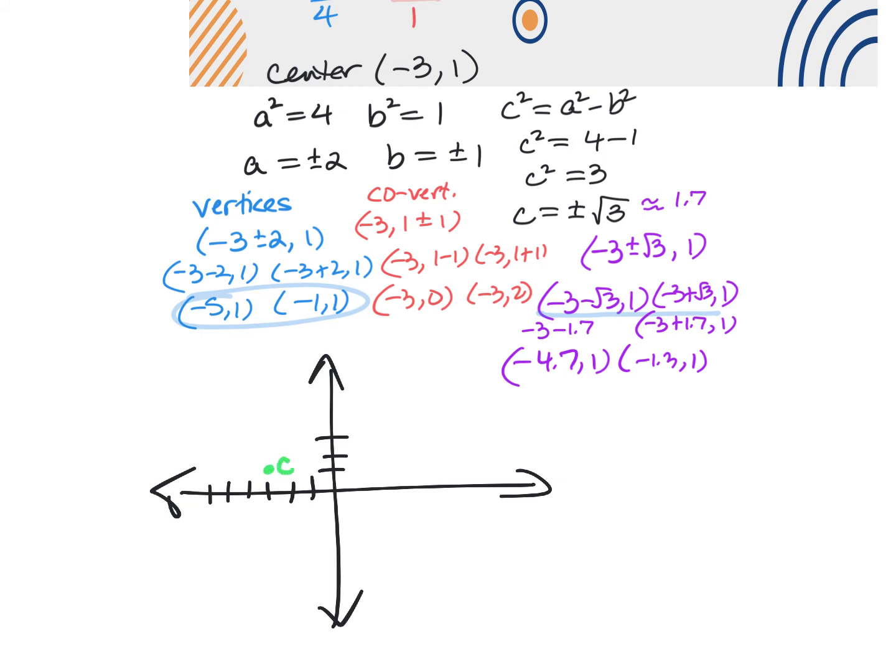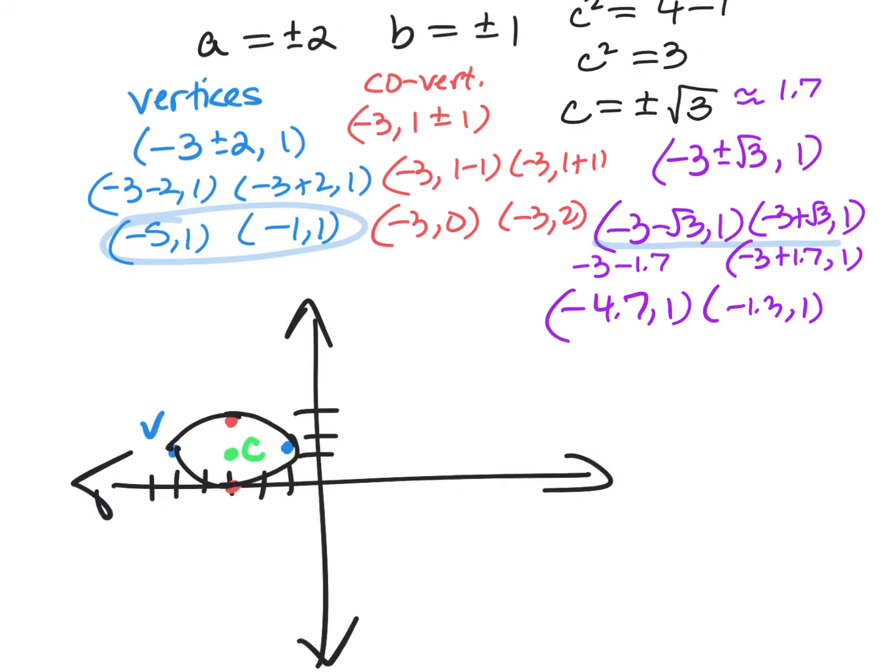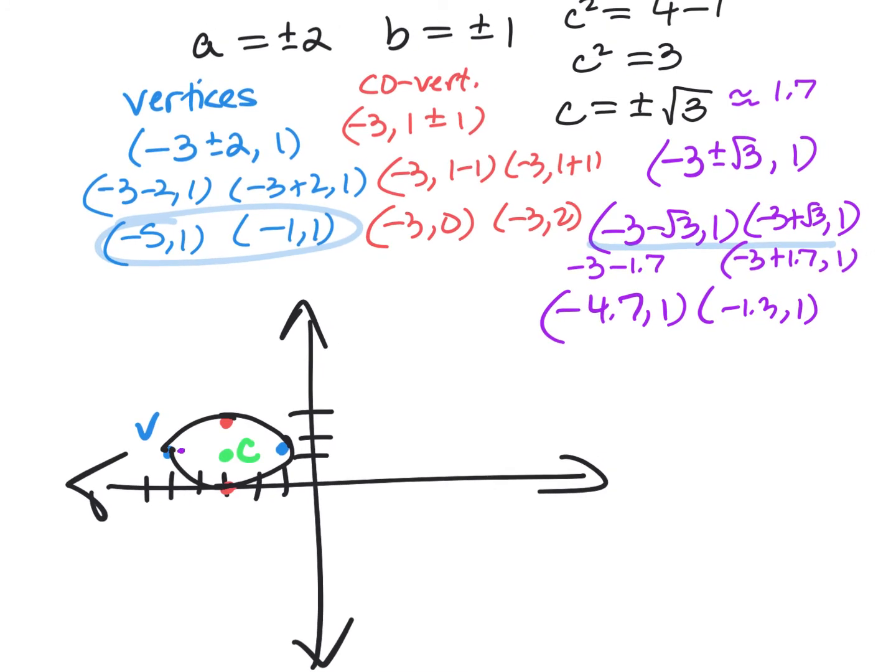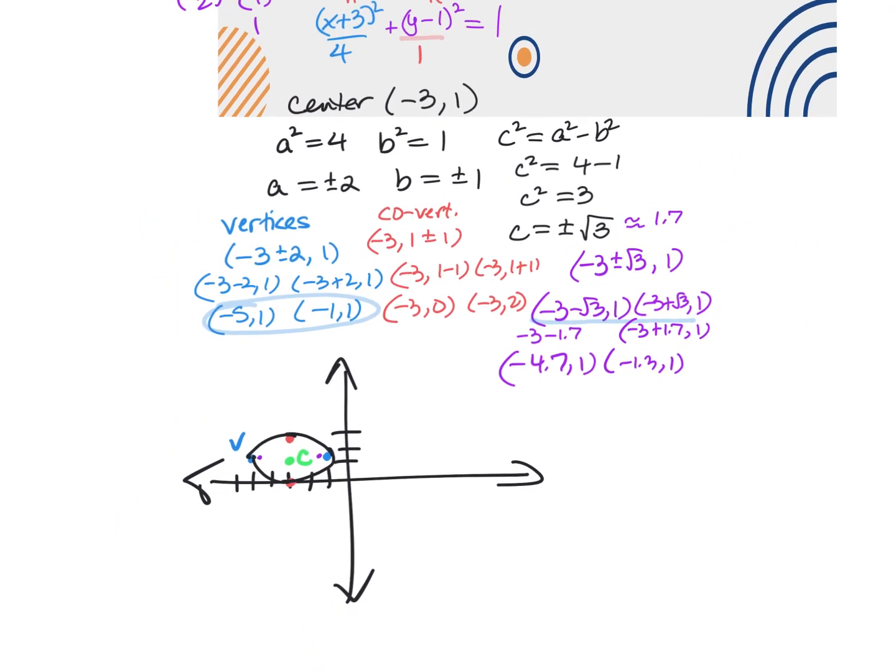I've got a vertex at (−5, 1) and another vertex at (−1, 1). And then I have my covertices at (−3, 0) and (−3, 2). Now I can connect the red and the blue, make my ellipse shape here, and then I can also put in my 2 foci. The foci are going to be really close to those vertices. Again, approximate it. And there is your graph for your ellipse after you completed the square.